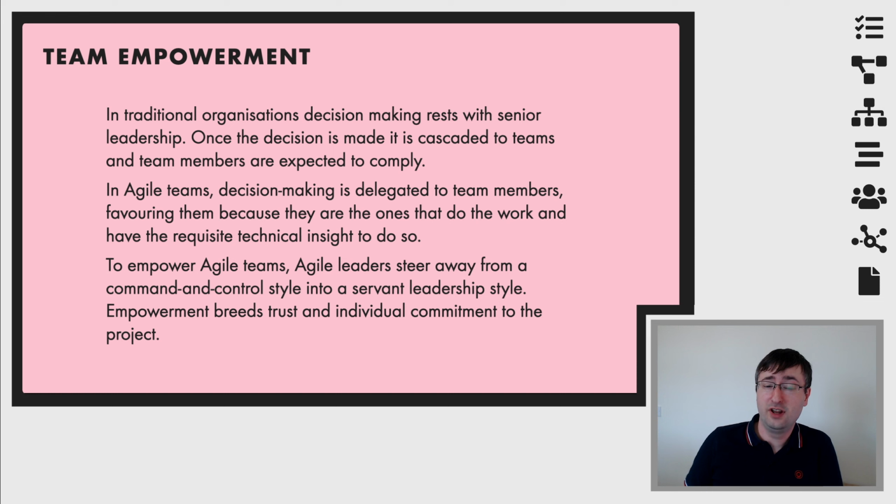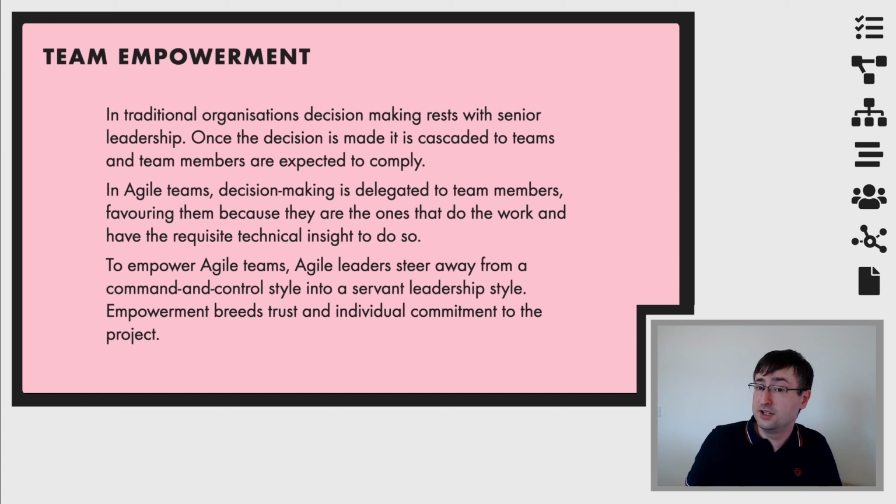The last thing that we really want to look at is this idea of team empowerment, because within Agile teams, the team really should feel empowered to get on with the work. Agile teams will never be told, we want you to do something this way. The decision making is delegated to the team. You might be told, we want you to do this, but how you're going to do it is really down to you as a team and how you work together.